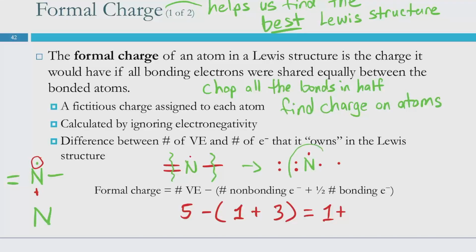And now nitrogen owns those electrons. That's what I mean by chop them in half. Take each of the points, the ends of the lines, make those an electron. If it's on the side that's got that atom on it, you count it towards that atom. So if this is a Lewis structure for nitrogen, it should have 5 dots. It has 4 dots. It's 1 short, so it's a 1 positive charge.